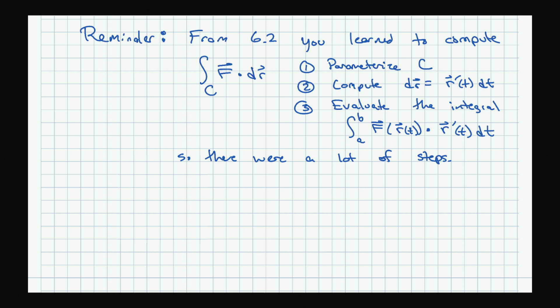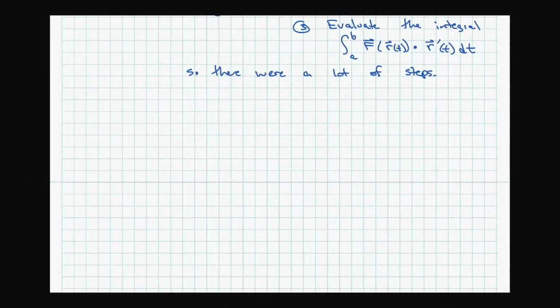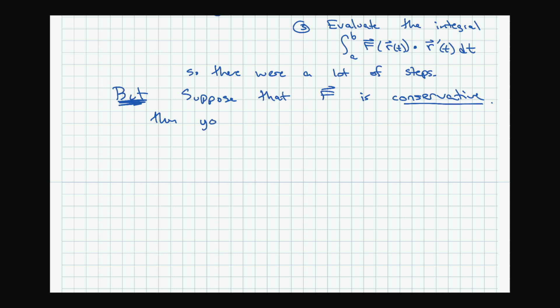So what is different about this theorem is that it gives us an alternative if your vector field is conservative. But suppose that F is conservative now, then you would know that there was a little f such that gradient f equals big F, right?